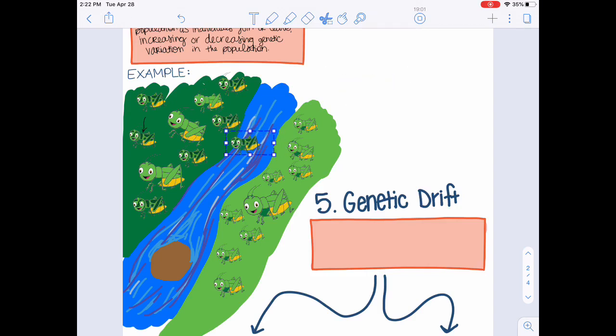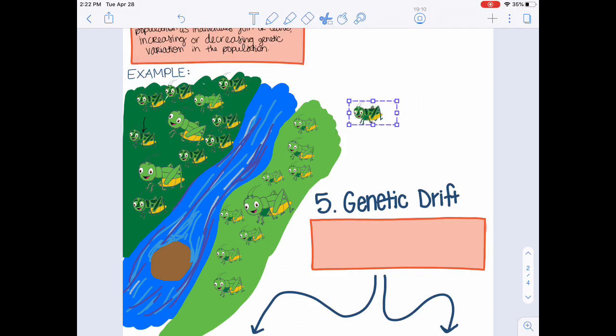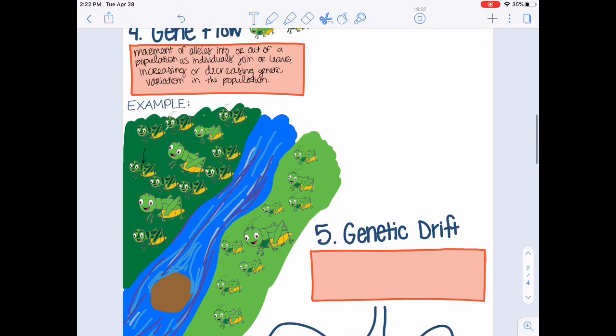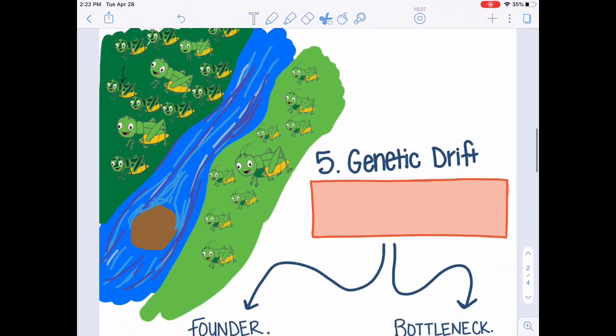Don't really know how fast grasshoppers reproduce, but here they go. More and more grasshoppers with that dark coloring because they have a little bit more camouflage. Since they are separated by the river, the other side does not have that allele yet.